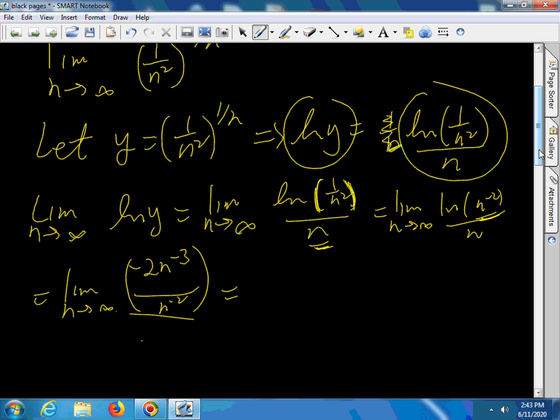Don't bother dividing by 1. Let's clean up this argument. So we have the limit as n goes to infinity of negative 2 over n. What's in here is negative 2 over n. Just multiply top and bottom by n cubed.